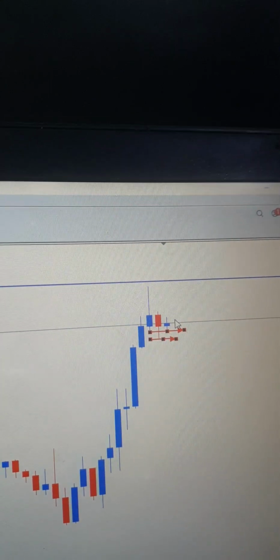So you see this other candle, if it continues like this, though it is showing bullish, maybe at the end of the day, or maybe the beginning of the market tomorrow, because actually I'm filming at the end of the market, if it closes below this other one, it means it's breaking structure.